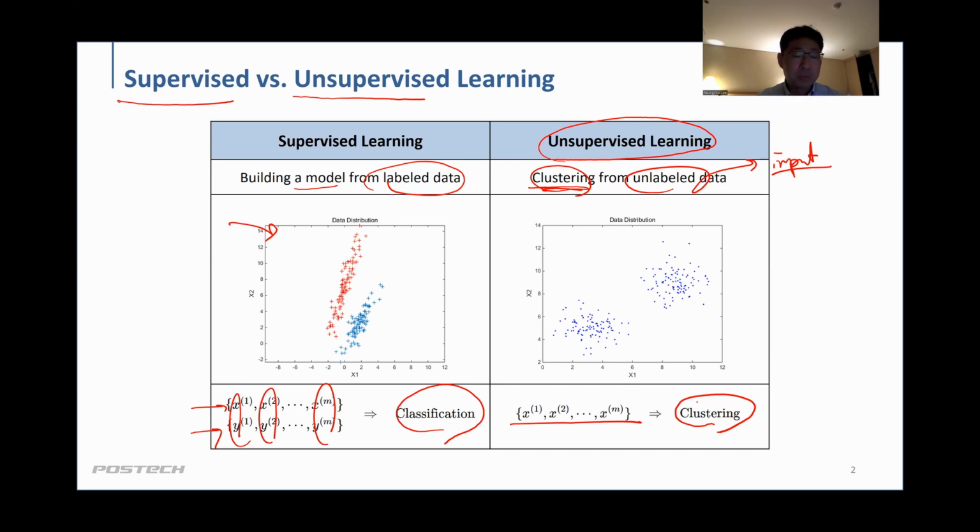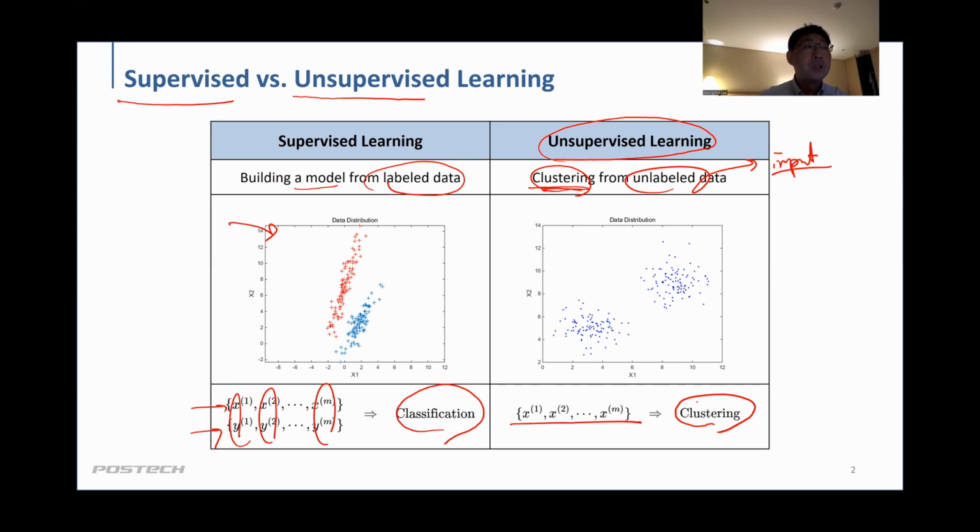In plain English, we probably use all those terminologies in a similar sense, but in the machine learning context, classification and clustering are totally different. You have to be very careful.